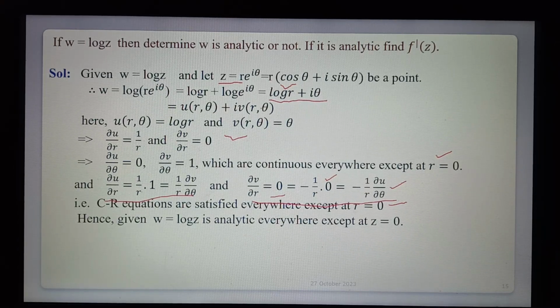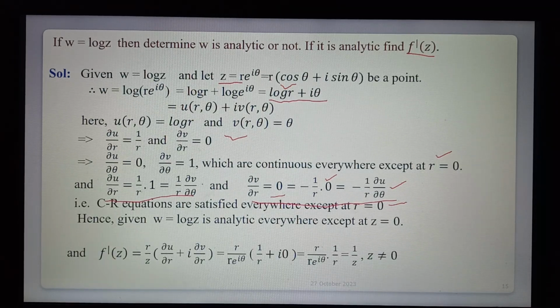So it is analytic, and finding f dash of z is the differentiation of f of z. Directly we have the formula in the polar form: f dash of z is equal to r by z into dou u by dou r plus i into dou v by dou r, where z is equal to r into e power i theta. Dou u by dou r is 1 by r, and dou v by dou r is 0.